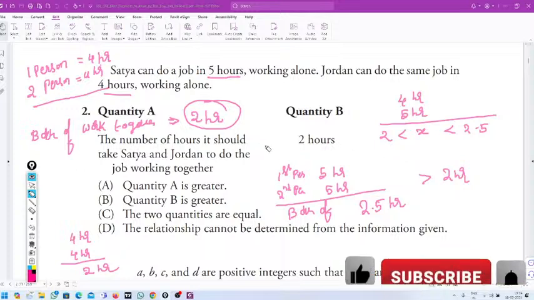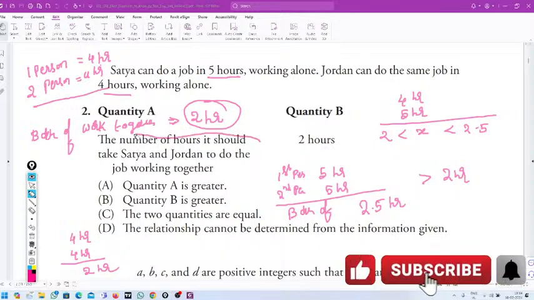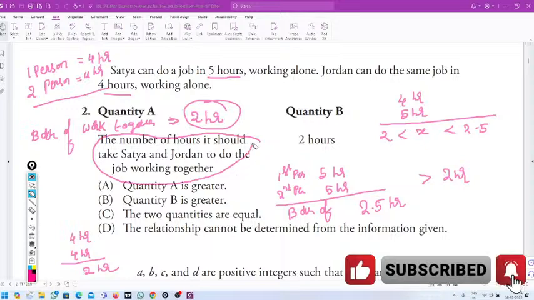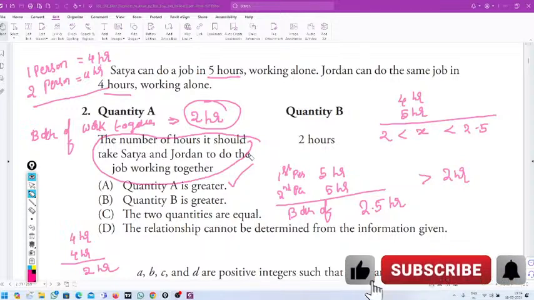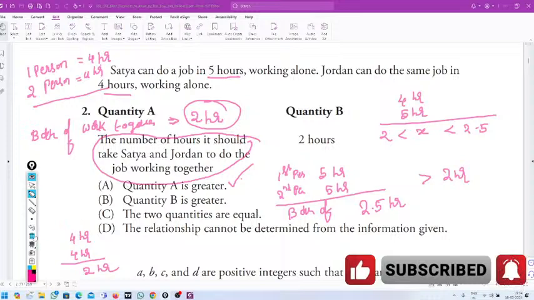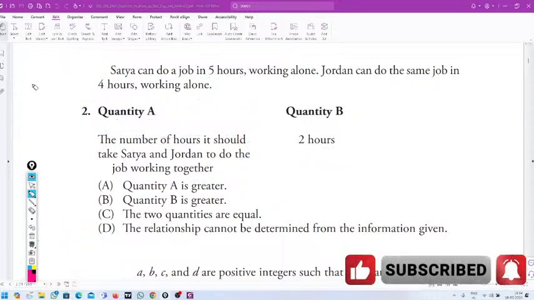When I know the answer is more than 2 hours, I can say quantity A is greater, because the given value is taking more than 2 hours. Again guys, simple logic.